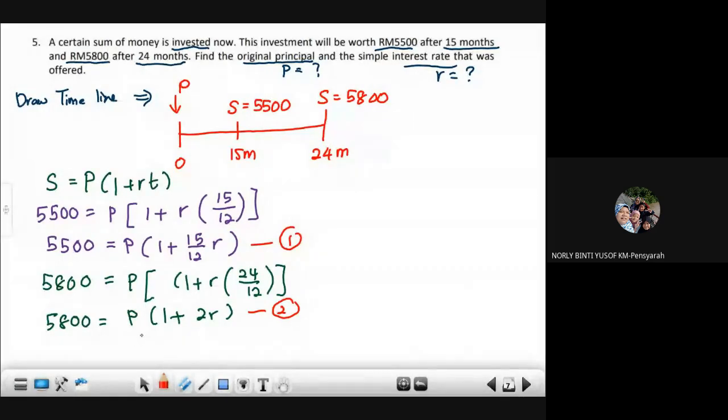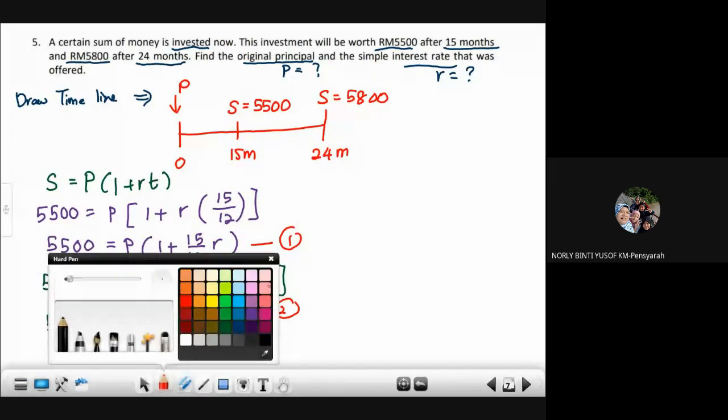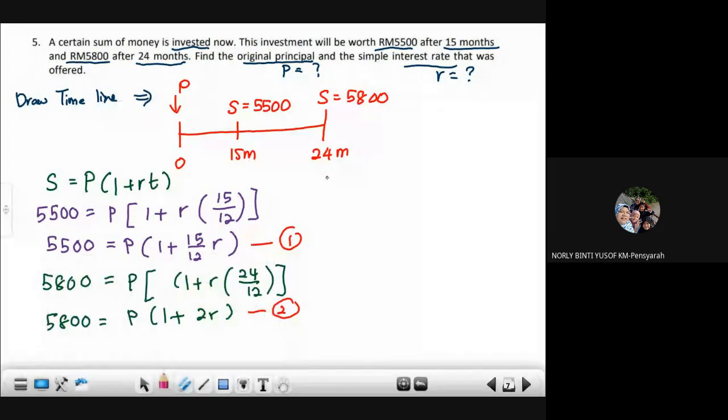Okay, lepas tu kita selesaikan sama, kita tak boleh buat simultaneous kan. Kalau you nak buat substitution boleh lah. Simultaneous, madam masukkan elimination. Kalau substitution boleh you masukkan lah P ni, you derive. Tapi kalau you nak buat elimination method, you kena bahagi. You tak boleh tolak lah. So equation 2 macam arithmetic sequence. So 2 bahagi 1.